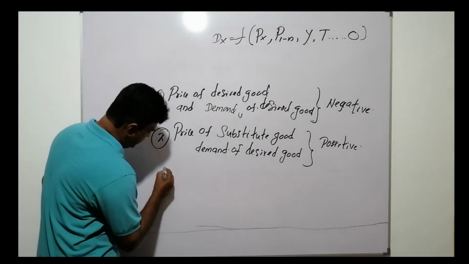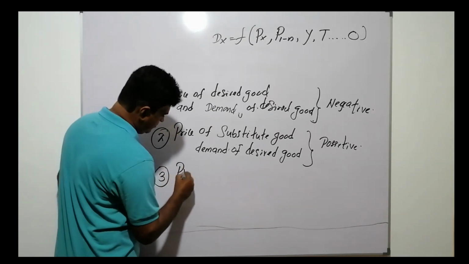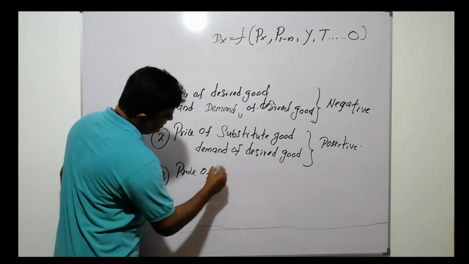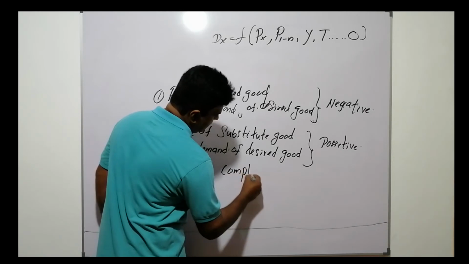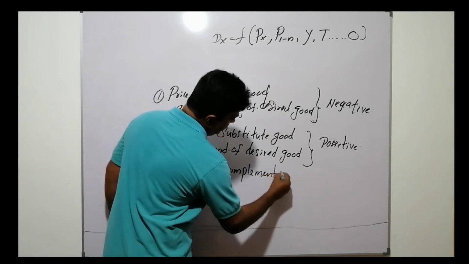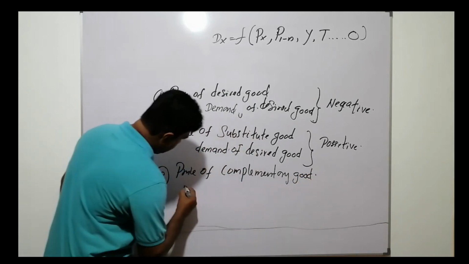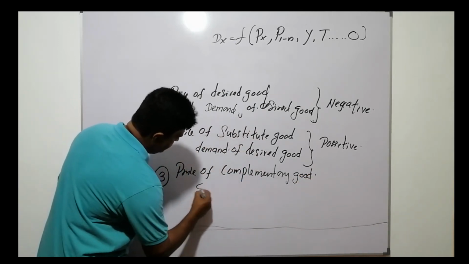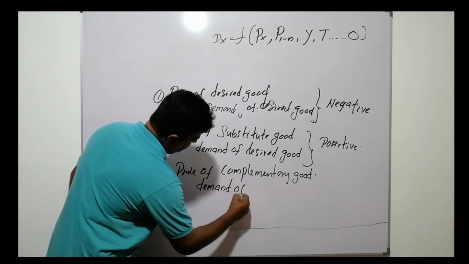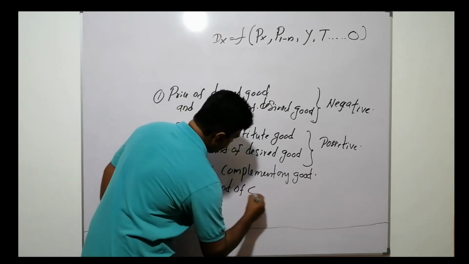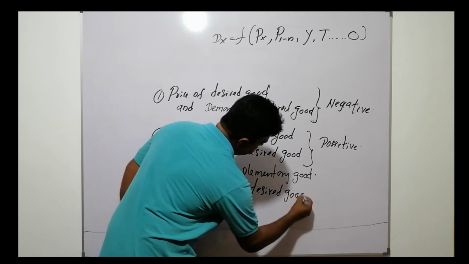And third is the price of complementary goods and demand of the desired good.